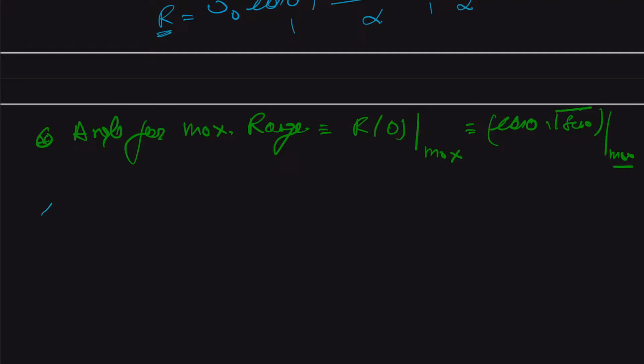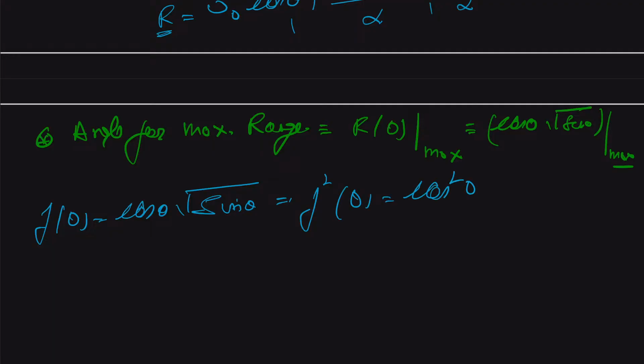Let us assume that our f of theta is equal to cos of theta square root of sine of theta, and we can write its square as cos square theta and sine of theta.